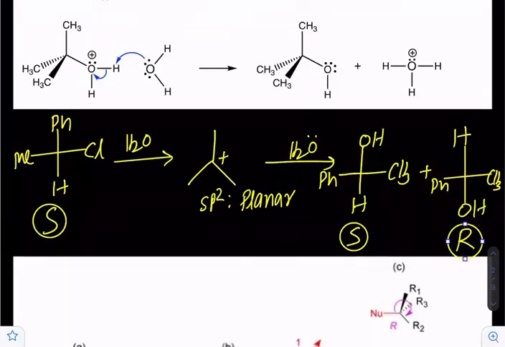So if you are generating a chiral center, like Ph, Me and H, in this case we have a chiral center.